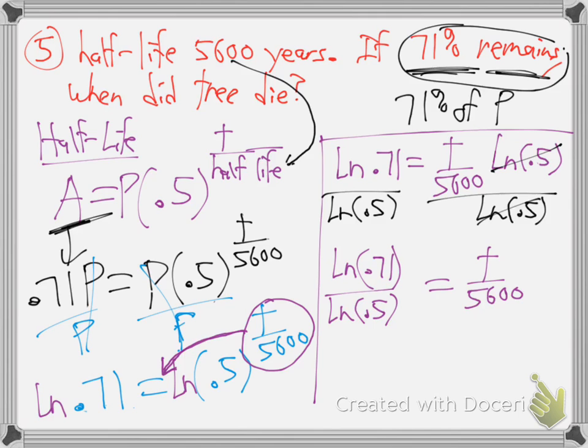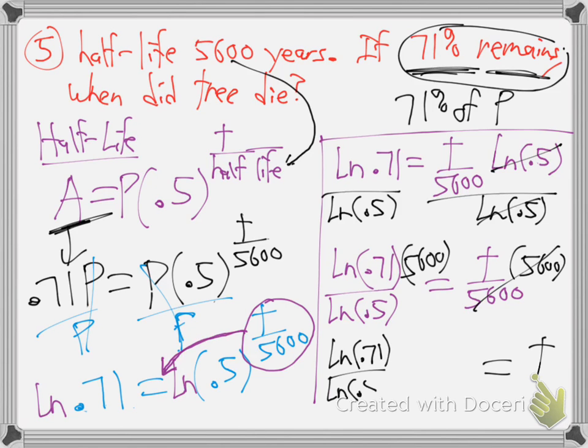Last step to get T alone is to multiply both sides by 5,600. That cancels, so T will equal ln 0.71 over ln 0.5 times 5,600.